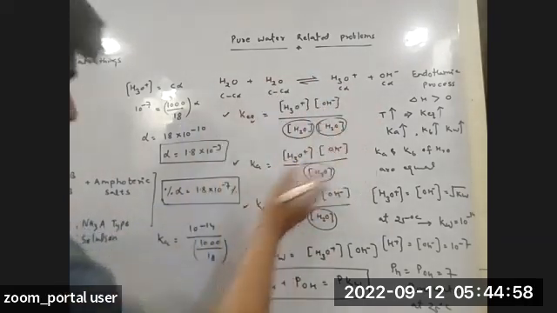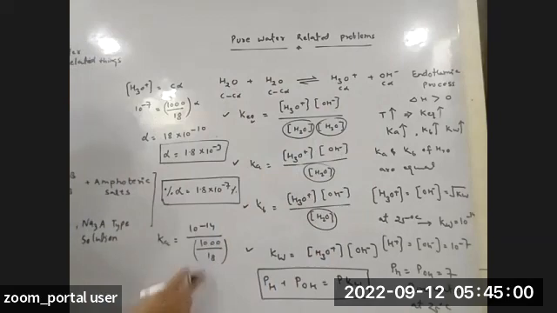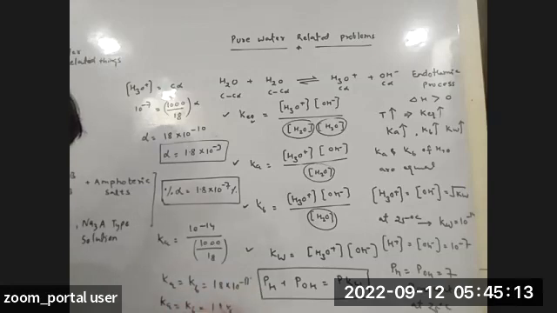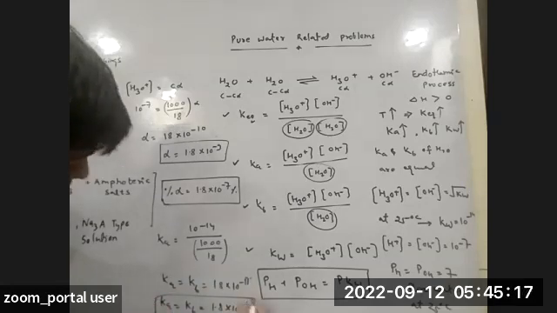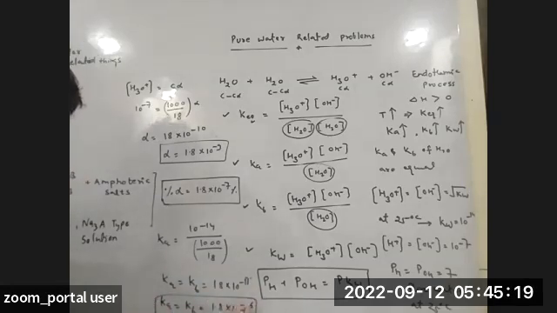So C minus C alpha again will be equal to C, and C is 1000 by 18. So K will be equal to 18 into 10 to the power minus 17. Then Ka will be equal to Kw, 1.8 into 10 to the power minus 16. Is it okay to everyone? Is there any doubt in your water related problem?